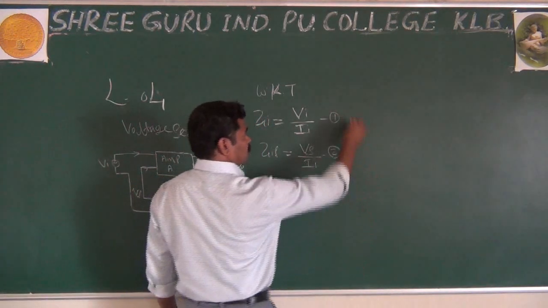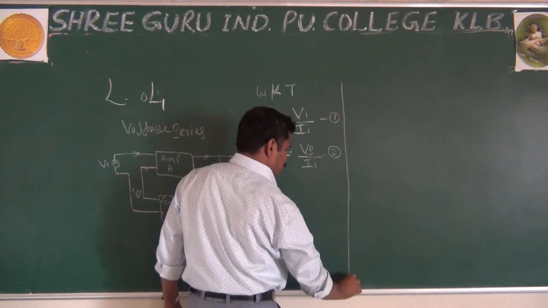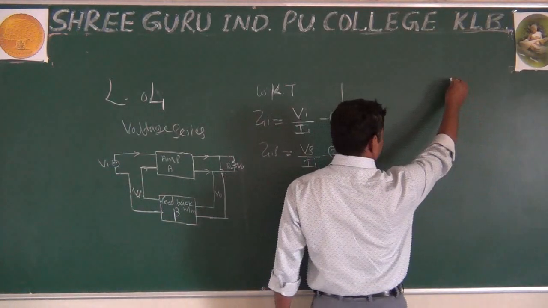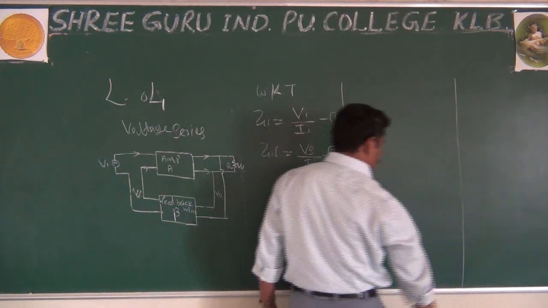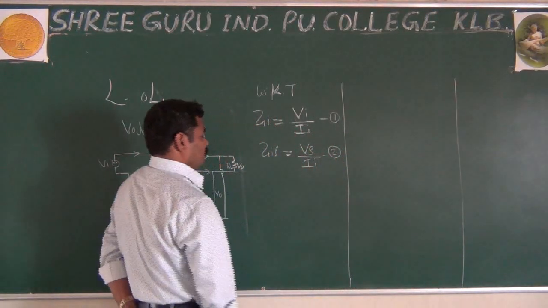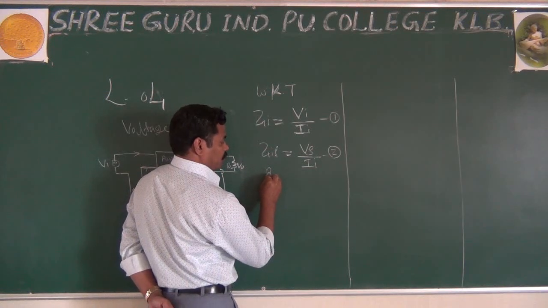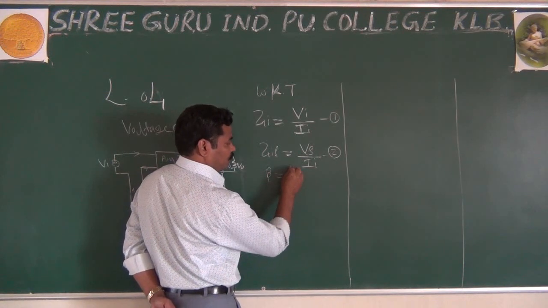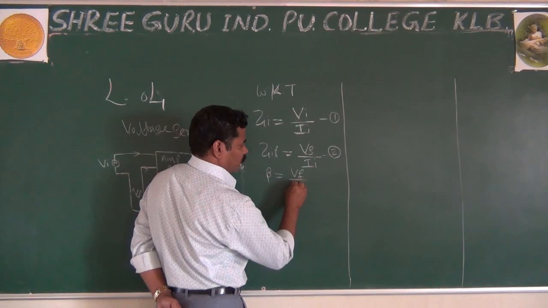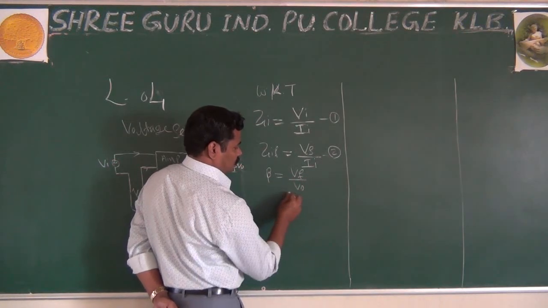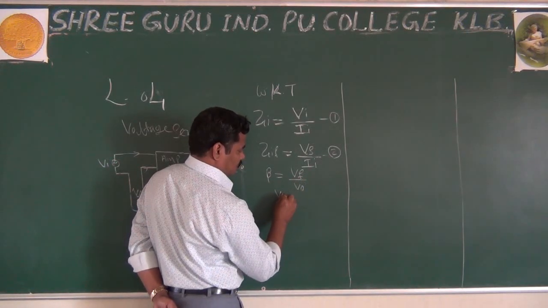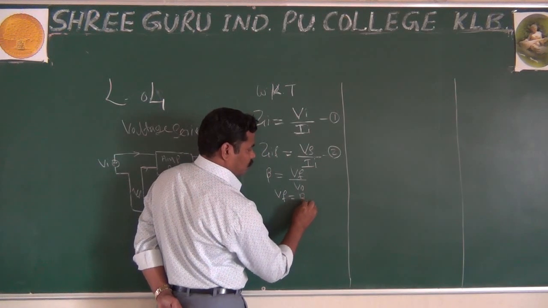As in yesterday's class, here also we use the same formulas. Once again, use your feedback factor beta, which is Vf by V0, or you can write Vf equal to beta into V0.